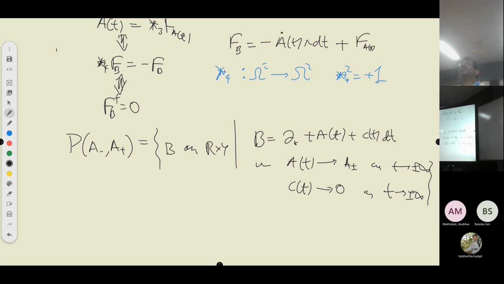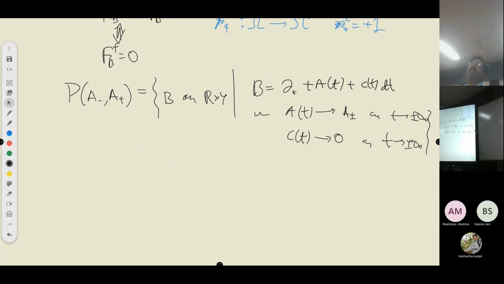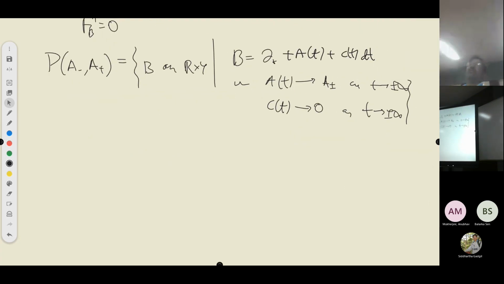Okay, so we have this. Now we fix some connection A0, which is in the path space. So when you say B on R cross Y, what kind of creature is B?